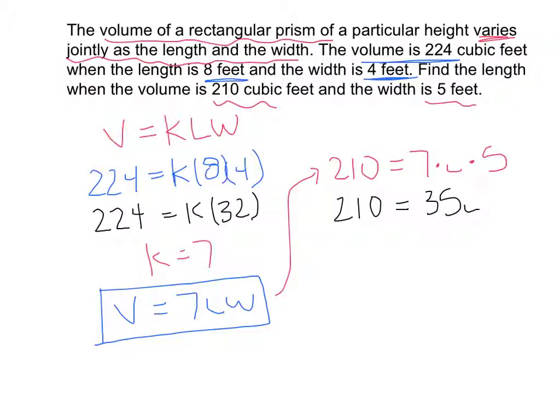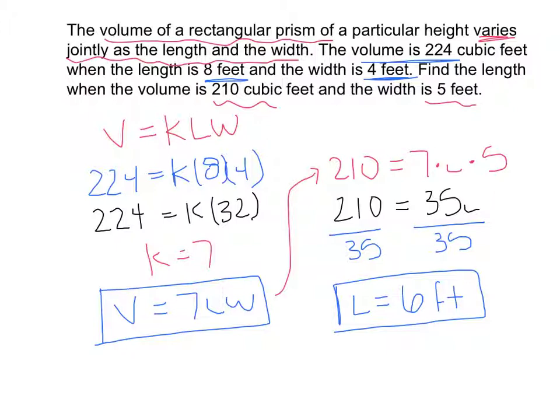Now we just need to divide and we'll find the length. So we'll divide both sides by 35. 210 divided by 35 is 6, so the length of this particular prism is 6 feet, since that's the units we're dealing with.